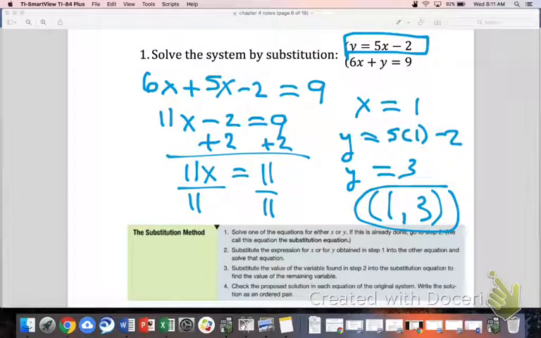So you can certainly use the calculator to check, but I will tell you this for sure: on quizzes coming up, the assessments that you're talking about, there will absolutely be a question that says, please use substitution to solve this system. And so a lot of the credit, in fact all but one of the points, would be tied to whether you used substitution. Let's say, going by memory, this was a 4-point question.